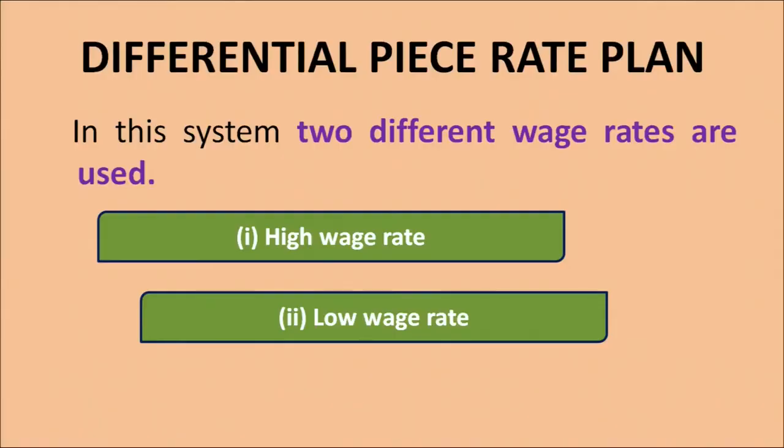And he was of the view that the wages to be paid for the work done by the employees or laborers should not be on the basis of time, but on the basis of the products that are manufactured. So, accordingly, he differentiated 2 wage systems. One was a high wage rate and the other was a low wage rate.